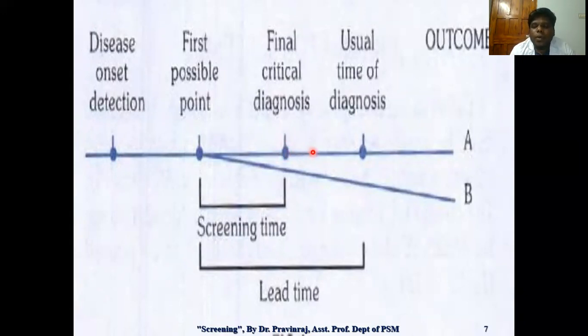Then it is again developing, and suddenly the patient has a complication and comes to you and you diagnose. So this is the usual time of diagnosis. This is just like the natural history of disease. For example, take diabetes. The patient has diabetes, and then it is developing.